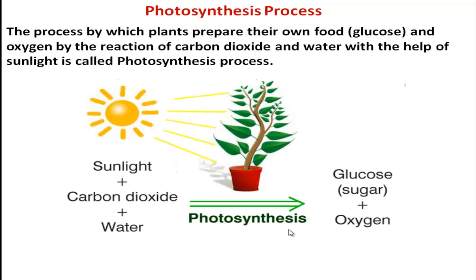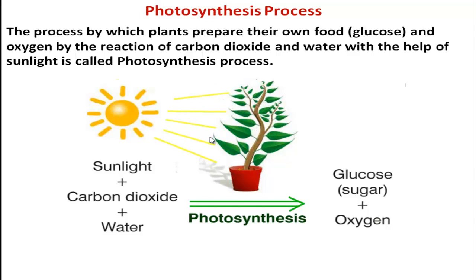So how does the photosynthesis process occur? Follow here. During the daytime, because sunlight is necessary, this reaction occurs in the presence of sunlight. So during the daytime a plant absorbs water through the root from soil and absorbs carbon dioxide gas from air.